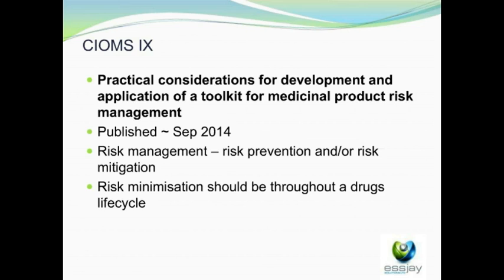And the fact that when you do think about risk minimization, you look at it throughout the life cycle of a product, not just through the beginning when you put your product on the marketplace. And in fact, if you've been keeping up to date with some of the risk minimization activities that have been put into place, the additional activities, you'll see that some of these do refer to products that have been on the marketplace for quite a long time.